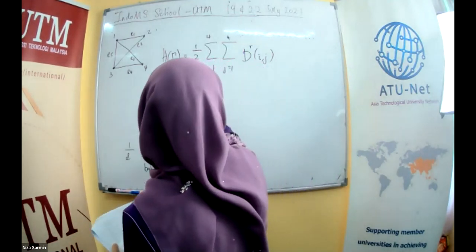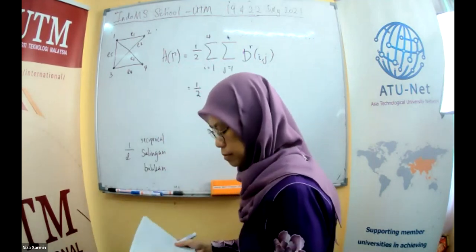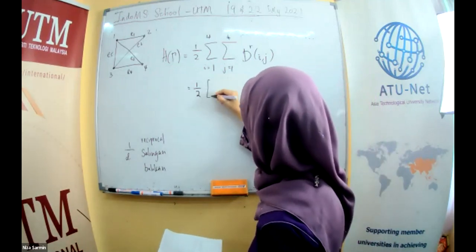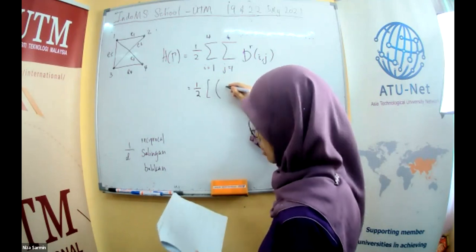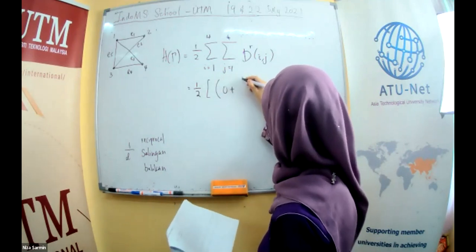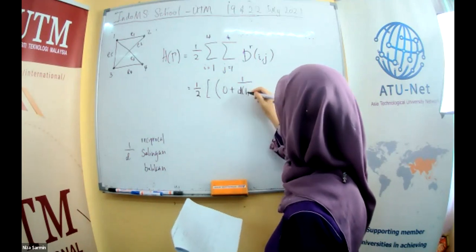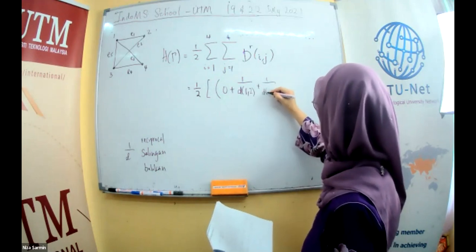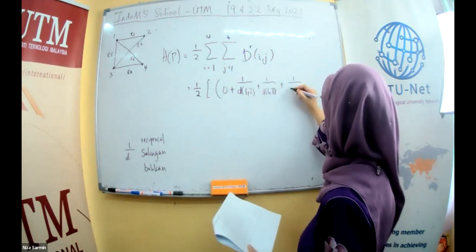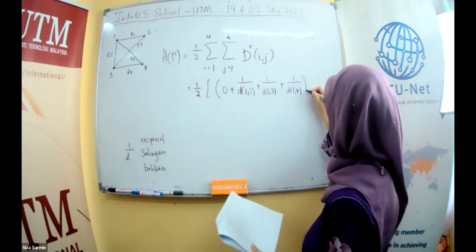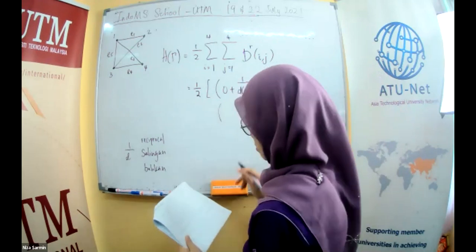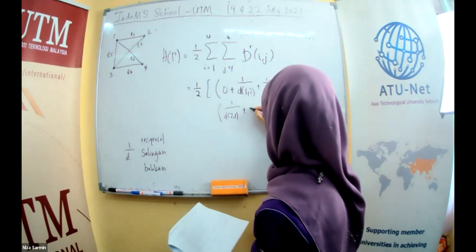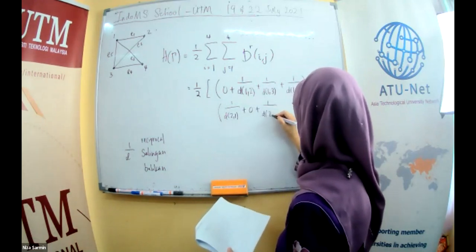Okay, so if you want to write it out, the first one will be 0 plus 1 over 1, 1 over 1, 1 over 2, 1 over 3, 1 over 4. Plus the next, 2, 1, 2, then 0, and 2, 3.